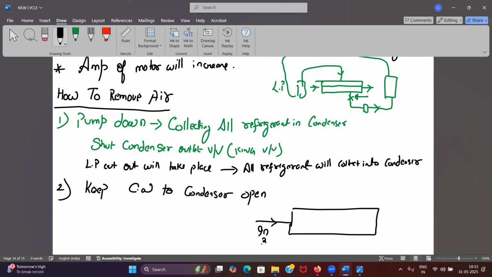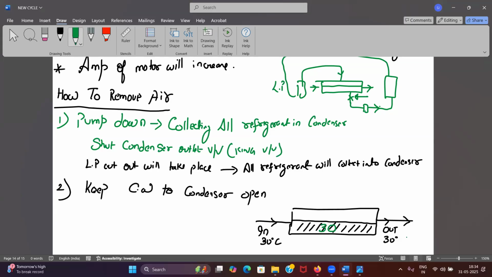Suppose this is at 30 degrees Celsius. This is outlet. When both the in and out temperatures become equal, can I say all the refrigerant has been liquefied? Yes, sir. That means no heat transfer is taking place at this moment. Yes, and the temperature will be equal to the seawater temperature.